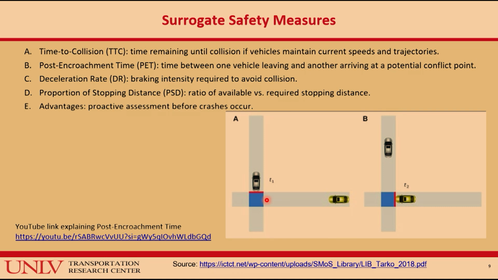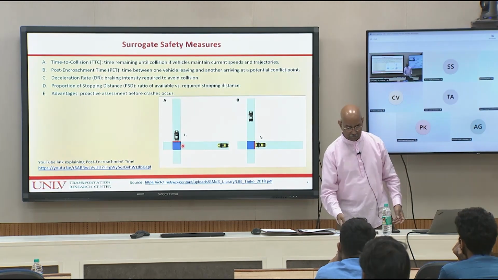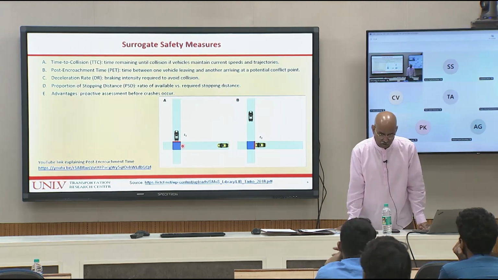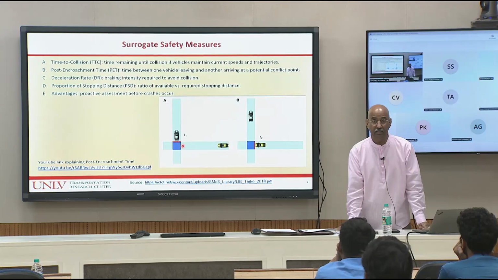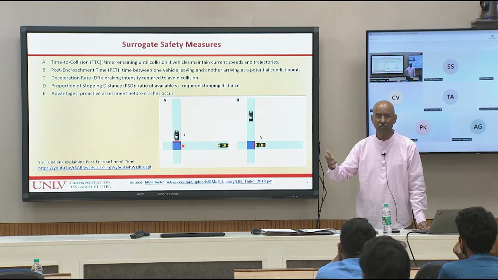Once again, these are typically at intersections. Then deceleration rates, not the normal deceleration rates for typical analysis when you are looking at braking distance, where we look at 11.2 feet per second squared, about 0.35 g approximately.